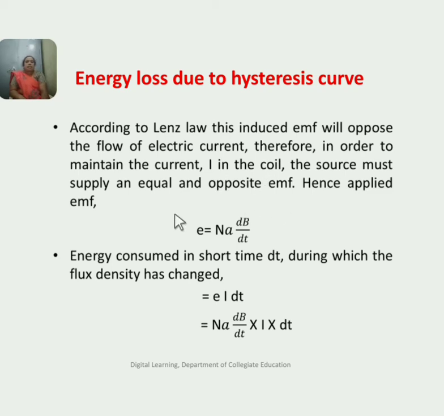As the electric current flowing through the solenoid is alternating, the flux produced in the iron ring is also alternating in nature. So the induced EMF will be expressed as E equal to N d phi by dt from Faraday's law of electromagnetic induction. E means induced EMF and phi is the magnetic flux.